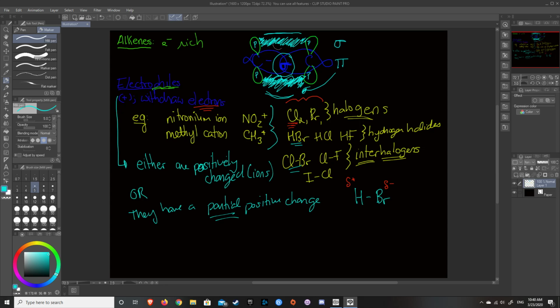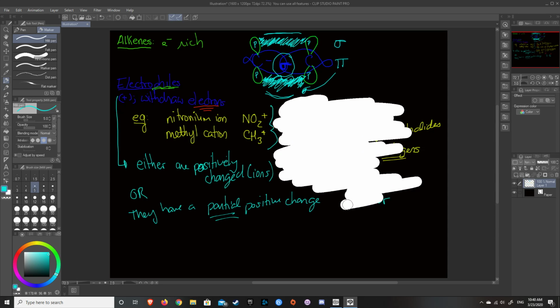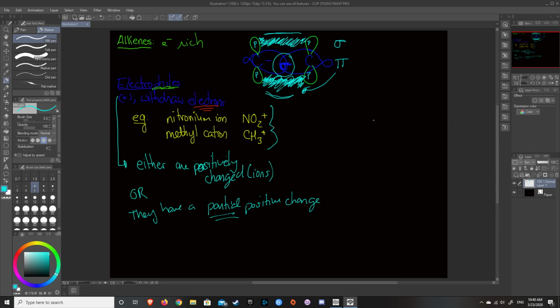Another way of explaining that is, I'll erase down here. I want to keep that picture up there for now. Another way of explaining this is that these carbons are sp2 hybridized. They've got the open p orbital.